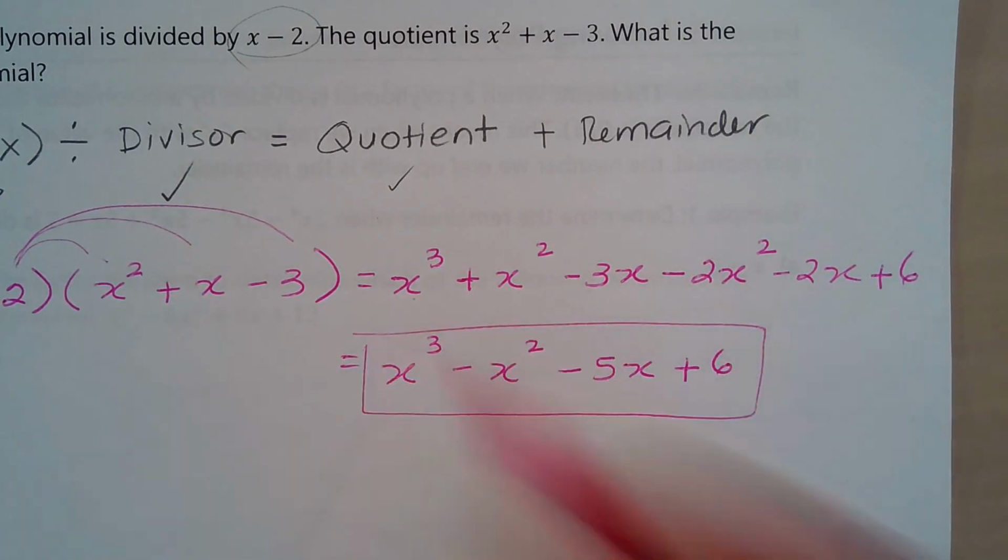That's our answer. So that finishes up our division of polynomials. We saw two different ways. We saw yesterday dividing using long division, and today we saw dividing using synthetic division. Okay?